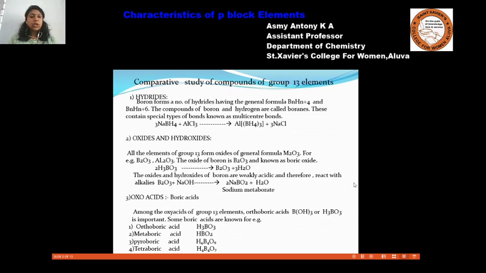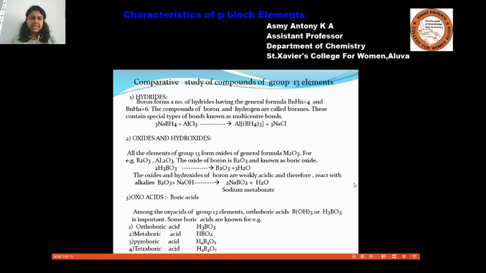Next one is oxides and hydroxides. All the elements of group 13 form oxides having a general formula M2O3. For example, B2O3, Al2O3, etc. And the oxide of boron, that is B2O3, is known as boric oxide and is formed from H3BO3.